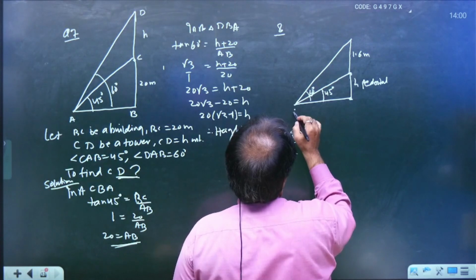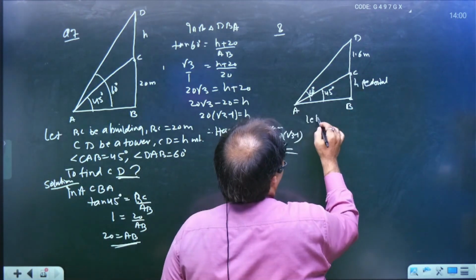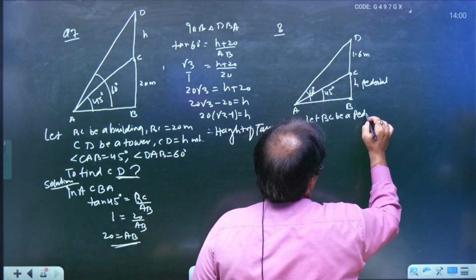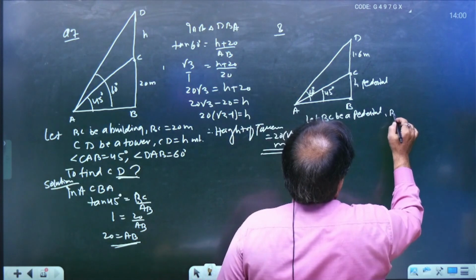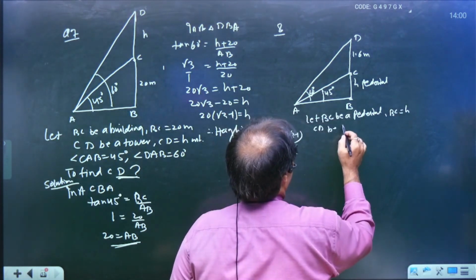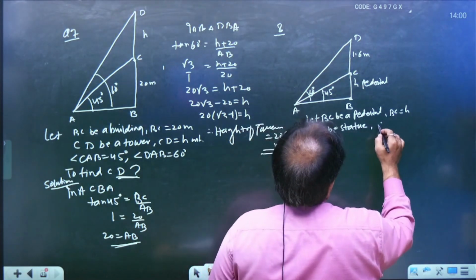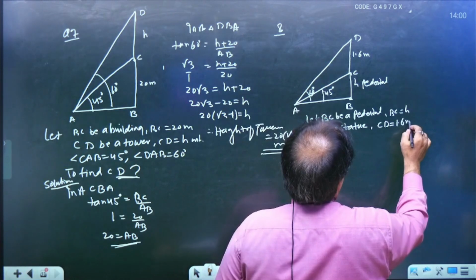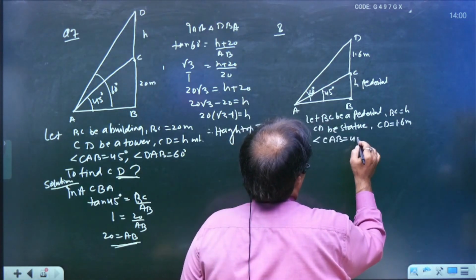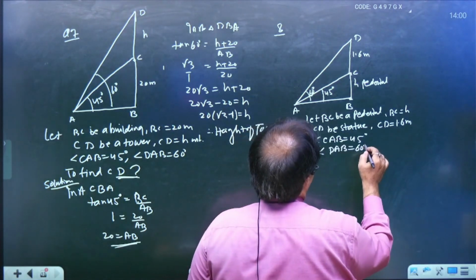So now name it: A, B, C, D. Let BC be a pedestal such that BC is equal to H and CD be a statue such that CD is equal to 1.6 meter, and angle CAB is equal to 45 degree and angle DAB is given 60 degree.